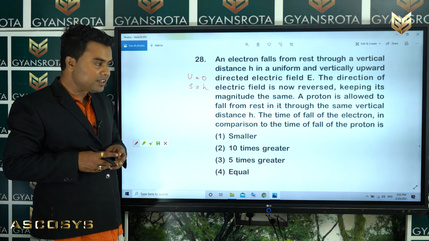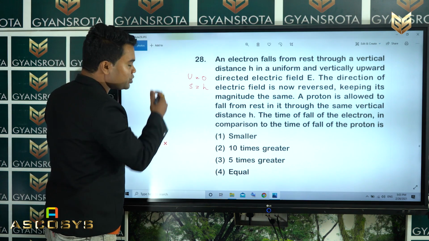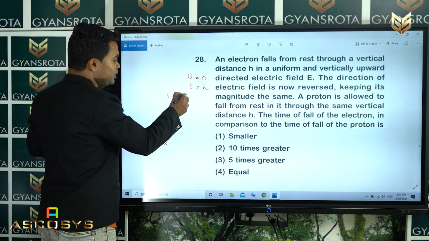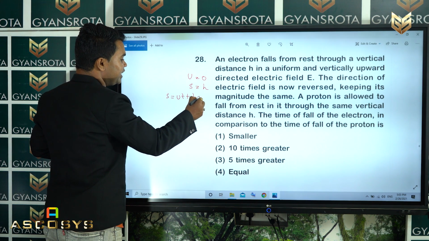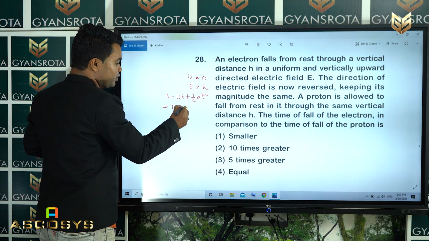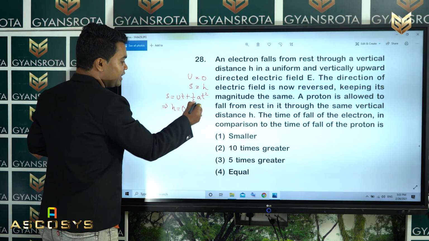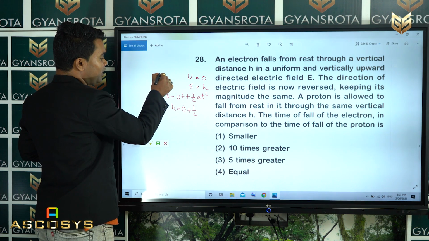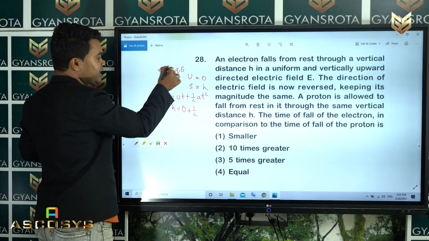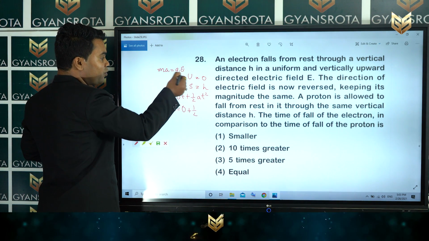How are you going to calculate the time? Here you have to use the equation of motion, that is s equals ut plus half a t square, where s is equal to h, u is equal to 0. In place of a, we are going to write what? ma equals qE, Newtonian physics with the electric force.